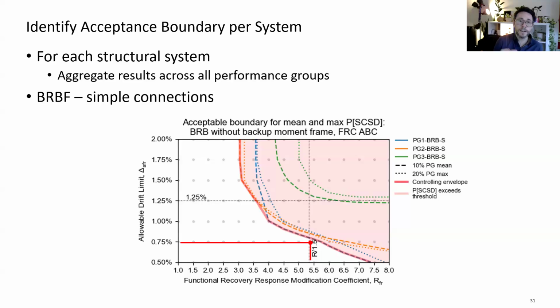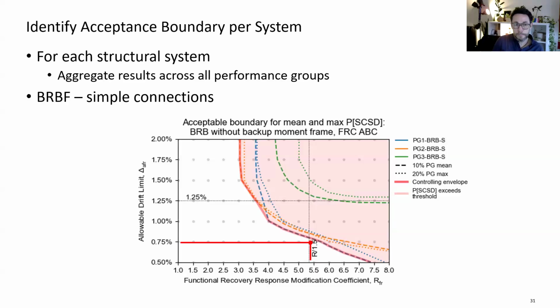And I'm not going to show it here, but you would then repeat this exercise for functional recovery category D, which has relaxed acceptance criteria in relation to functional recovery categories A, B, and C. And what I want to emphasize as I focus on these design recommendations is that these are considerably lower, right? Than when we do life safety design, where you would use an RFR of 8, and where, for a risk category 2 structure, your drift limit would essentially be 2%.